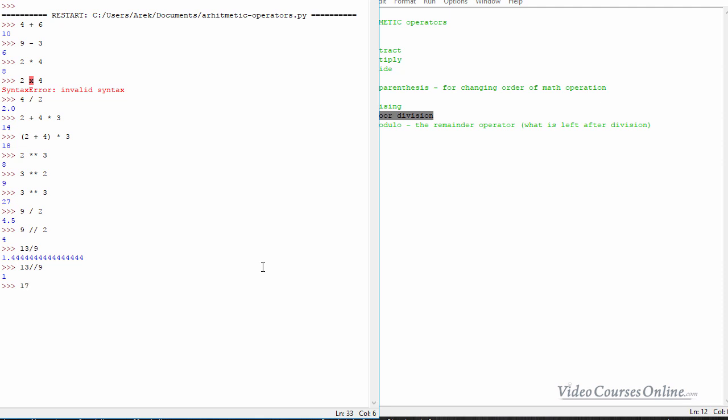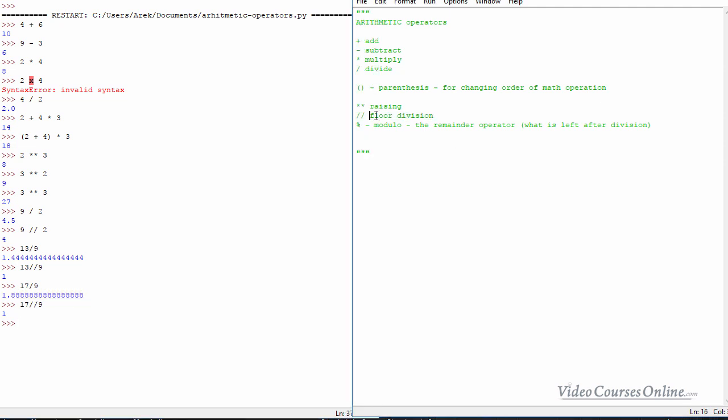When you do 17 with floor division by 9, it's gonna give you 1. So you do not round up the result, right? But you always round it down, okay? That's how floor division works. Well, floor is at the bottom, right?